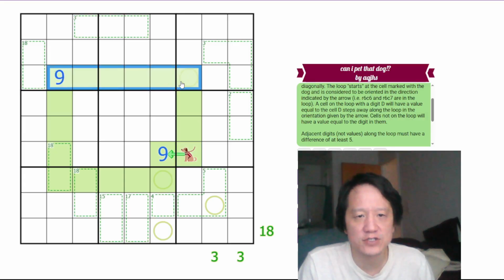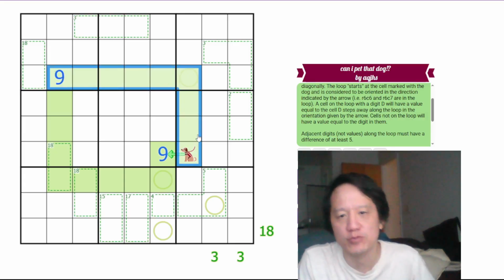So that's just a clarification of how the loop works.